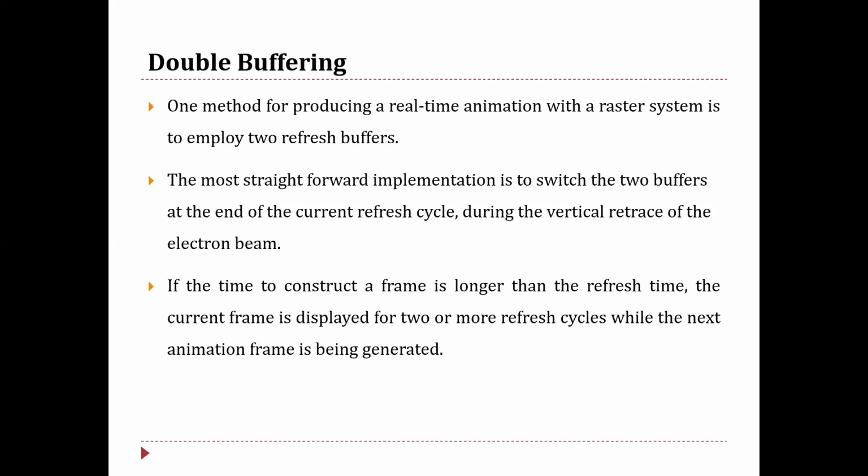The most straightforward implementation is to switch the 2 buffers at the end of the current refresh cycle. That means when you reach the end of the first buffer, then switch to the next one. That is during the vertical retrace of the electronic beam. If you remember, in a raster scan, the electron beam moves from the leftmost corner of the window towards the right.